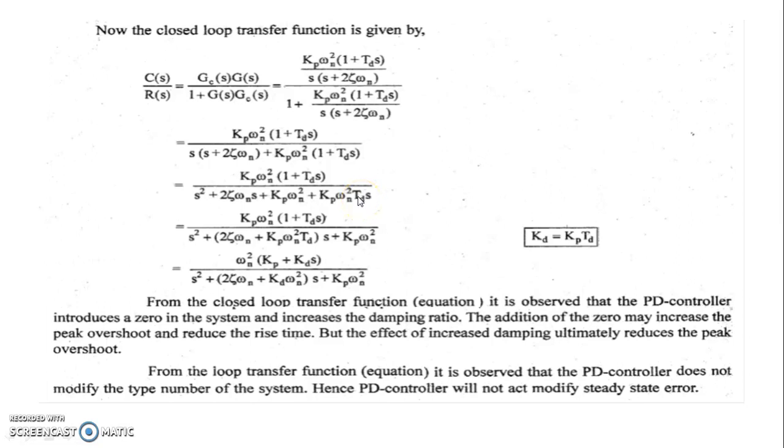Now in order, we take s square, then the s terms: 2 zeta omega n plus Kp omega n square Td, into s, plus the last constant term Kp omega n square. Kp into Td is nothing but Kd, that is the derivative control gain.